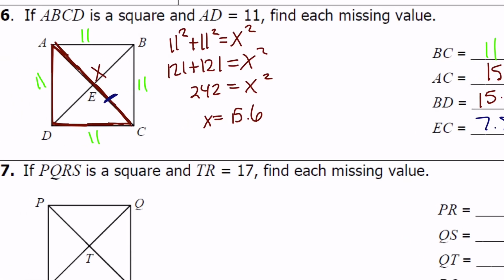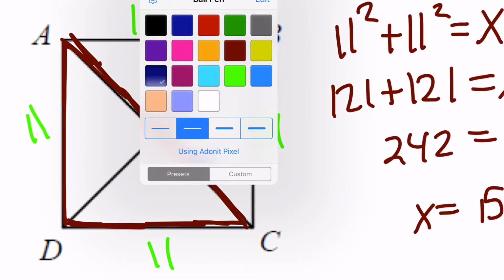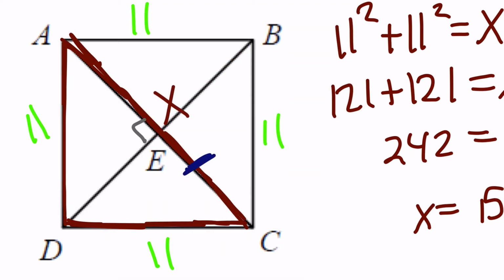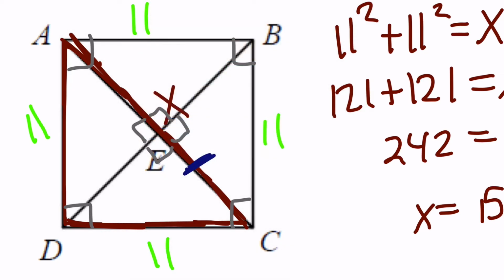And then angles on squares are pretty easy. So all of these are 90-degree angles. And then all of these are 90-degree angles, just like on a rectangle. But with squares, it's really nice because they have the same property as a rhombi, so the diagonals bisect those opposite angles.